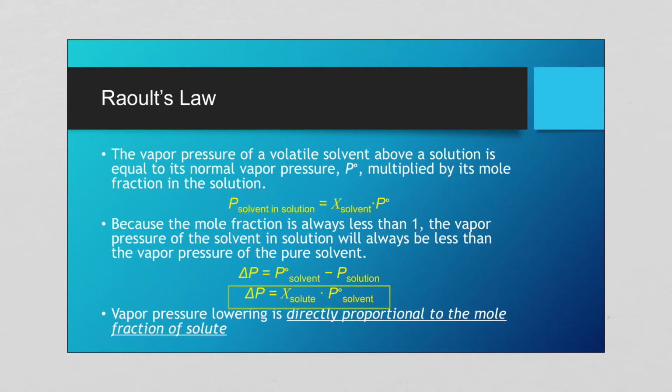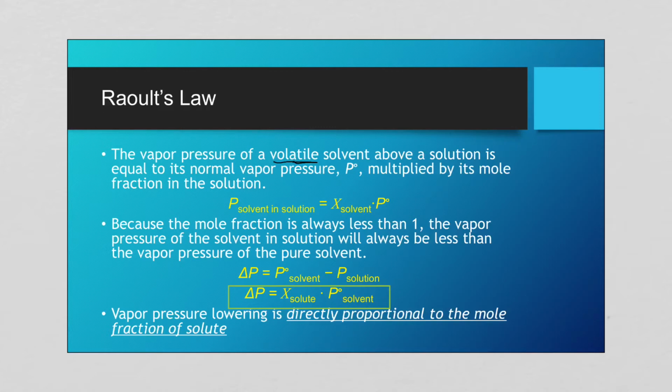So let's look at how we can sort of think about calculating such a thing. So it turns out that the vapor pressure of a volatile solvent, so we're assuming the solvent vaporizes, right? And every liquid has a vapor pressure, but we're looking at something that has a reasonable vapor pressure.